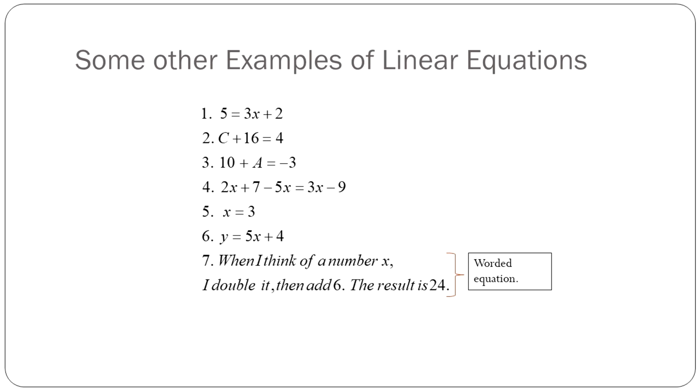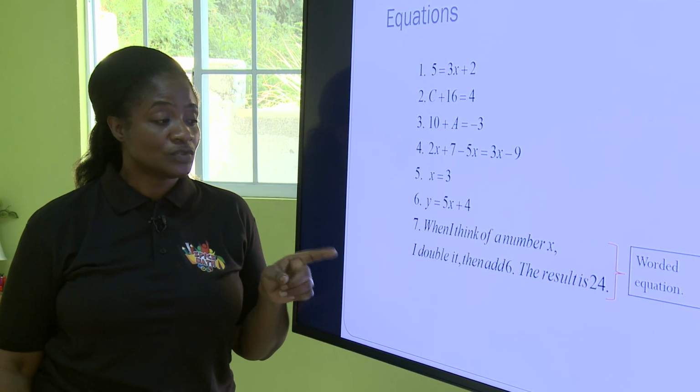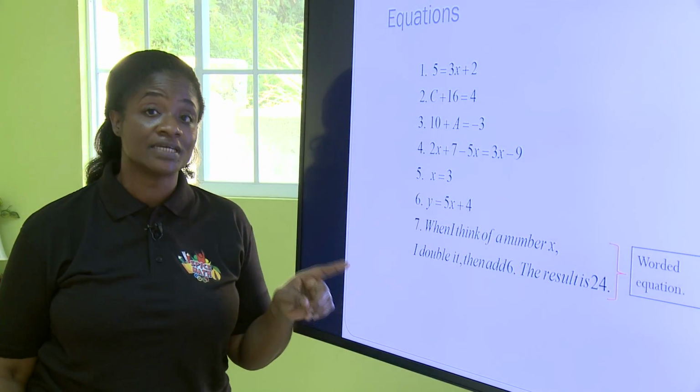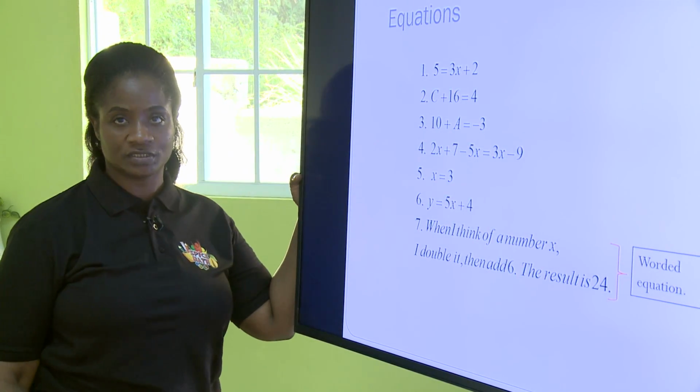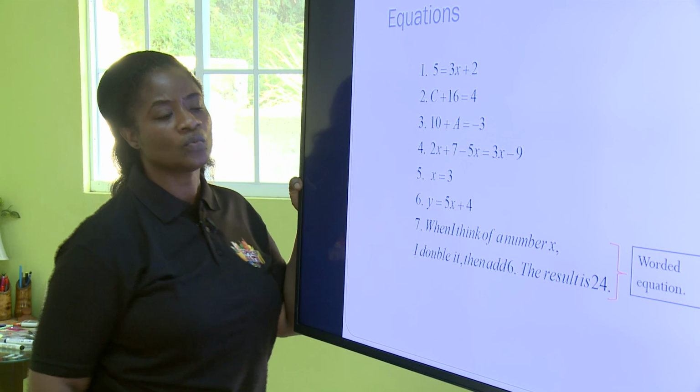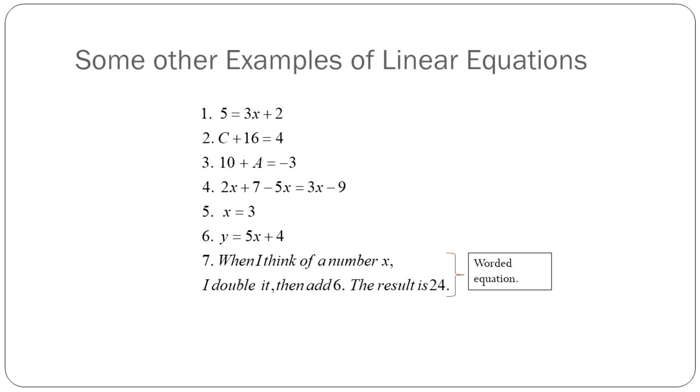Let's read together. When I think of a number x, I double it, then add 6. The result is 24. At this point, I would like you to form a linear algebraic equation from this worded statement. Let me assist you.